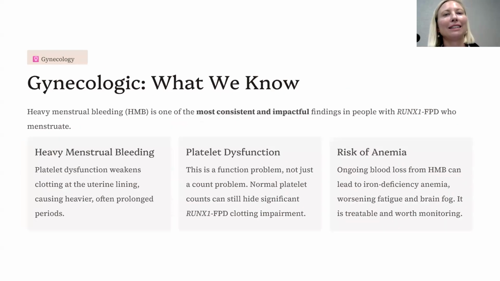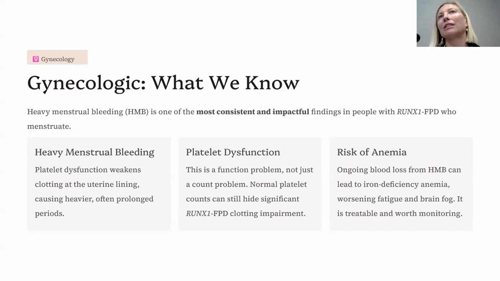All right, gynecology. Heavy menstrual bleeding is one of the most consistent findings in women with RUNX1 FPD. And it's clinically referred to as menorrhagia. You've probably heard that term. And so this is due to the platelet dysfunction, right? And it's important to recognize that platelet counts are not the only important thing.